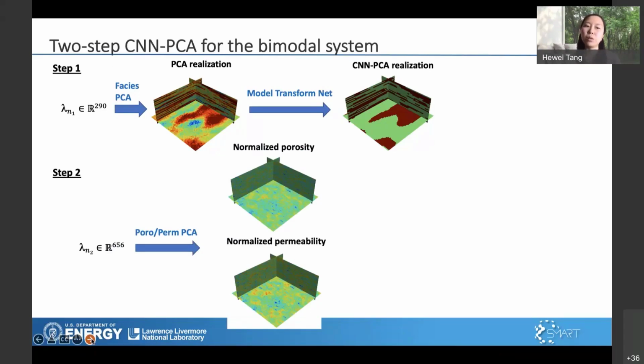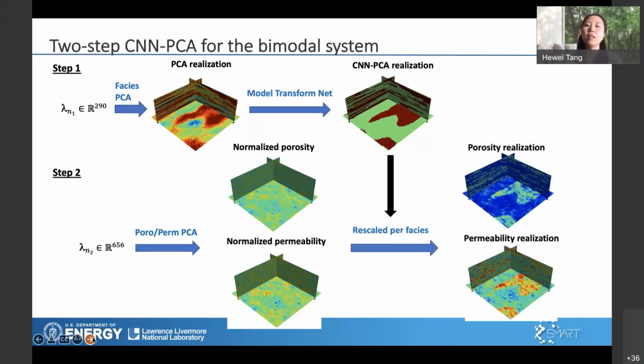So we are able to generate normalized porosity and permeability together from a latent space. Similar to the geostatistical workflow, we then rescale them based on the different facies distribution to get our final porosity and permeability realizations.